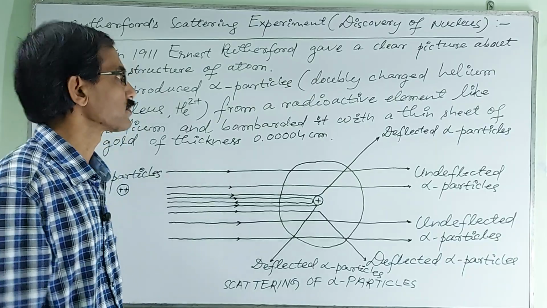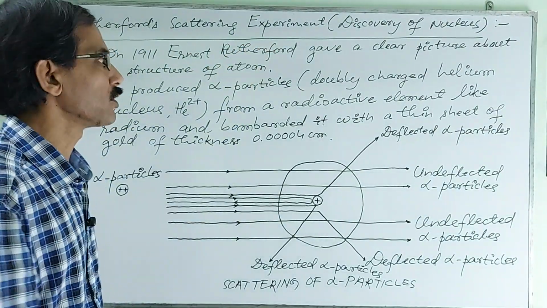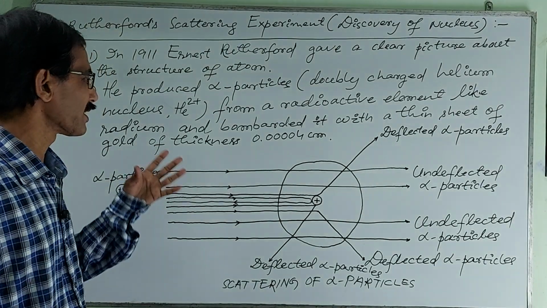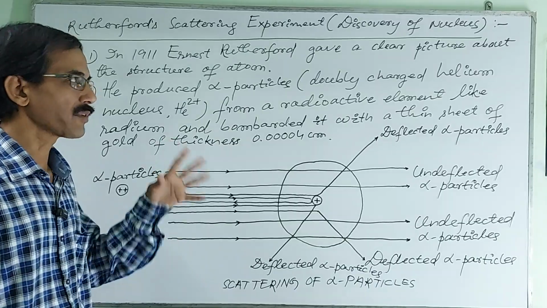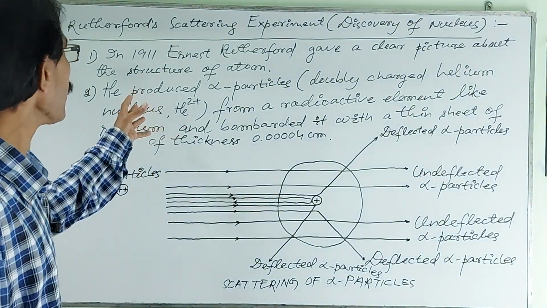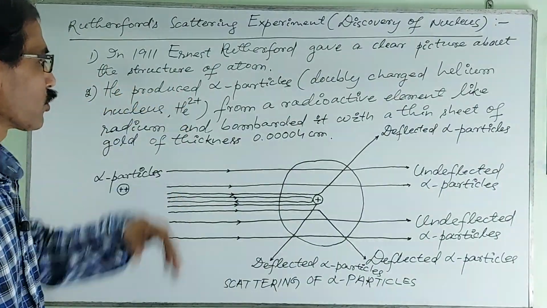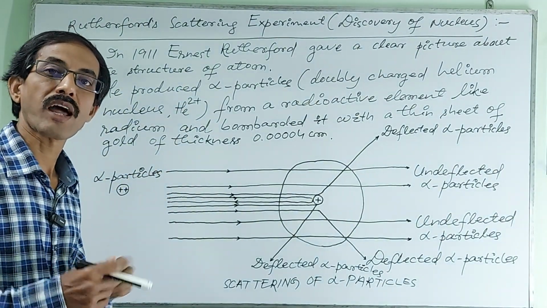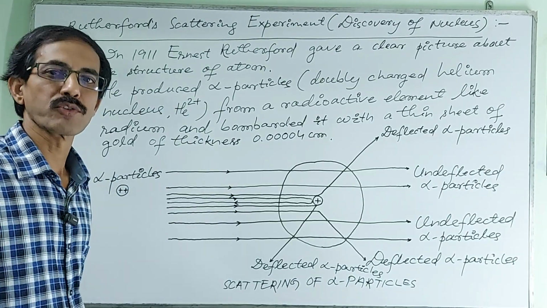Dear students, this is Rutherford's scattering experiment in which the nucleus was discovered. In 1911, Ernest Rutherford gave a clear picture about the structure of the atom. He produced alpha particles. What is an alpha particle? A doubly charged helium nucleus.